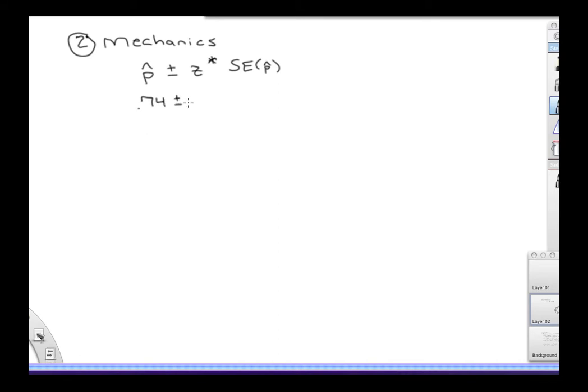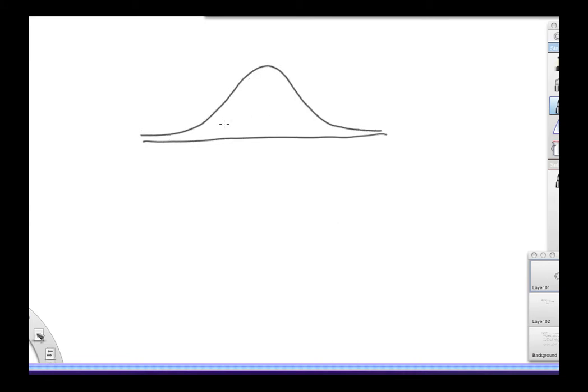Plus or minus our critical value for 98% confidence. If we have a normal model here, as you saw in the videos last week, if you have 98% of the data in the middle, you're going to have 2% left in the tails, so 1% in each.